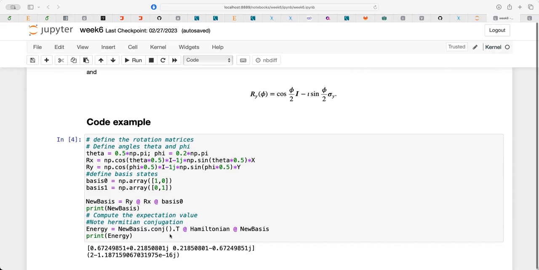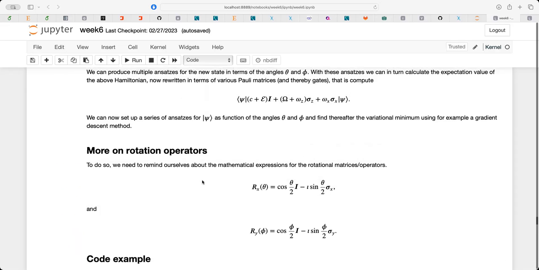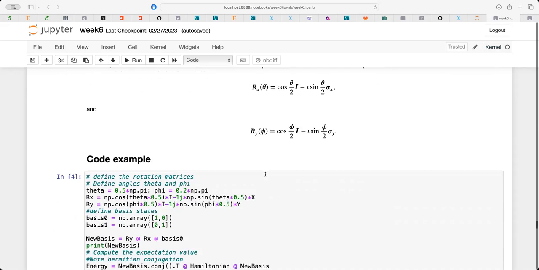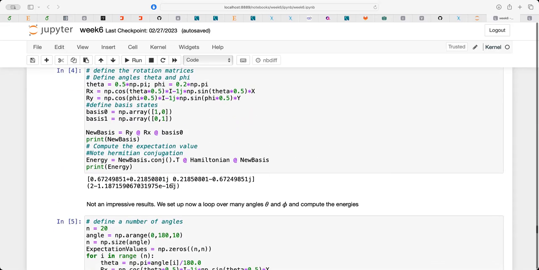I had forgotten to take the conjugate transpose. The new state is this one, but when you calculate the expectation value, you have to take the conjugate transpose here, okay? I forgot that, and it gave me an imaginary part which was different from 0. That's a pretty good test, because your eigenvalues should be real. If you don't get real eigenvalues, you have done something wrong.